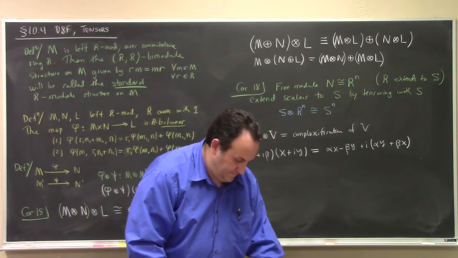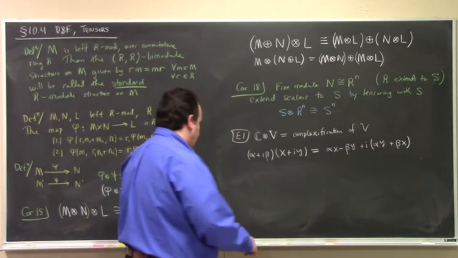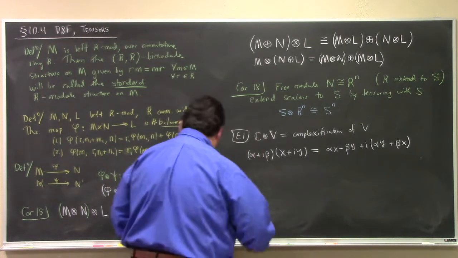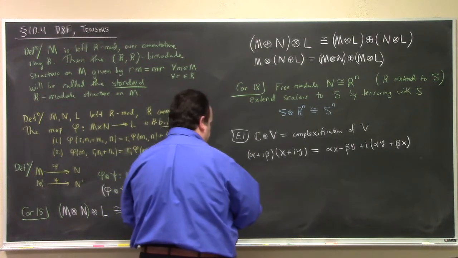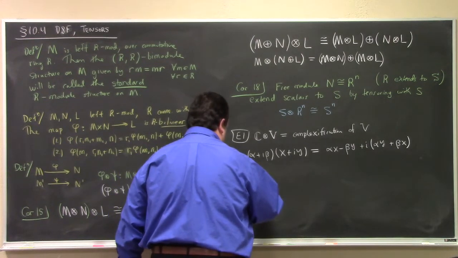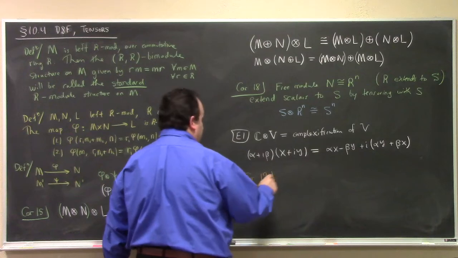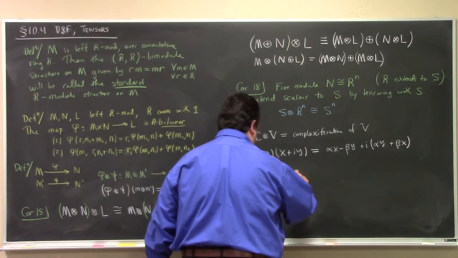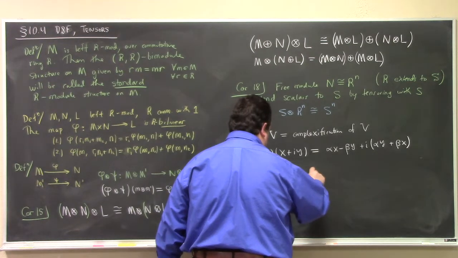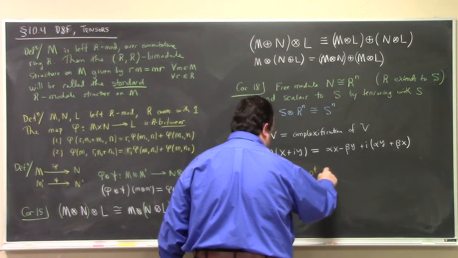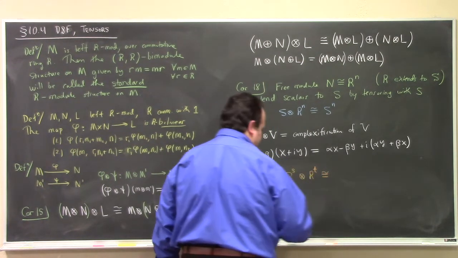And let's see here. Corollary 19, also just important in terms of big picture kind of stuff. If you have the S rank free module tensored with the T rank free module, guess what you get?